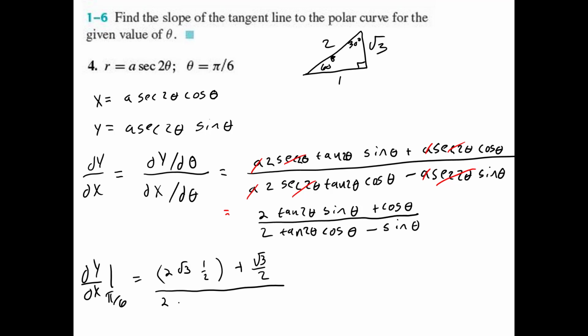So then 2 root 3 times root 3 times cosine of 30 degrees, root 3 over 2, and then minus 1/2. These go away, and you get root 3 plus root 3 over 2, all divided by 3 minus 1/2.